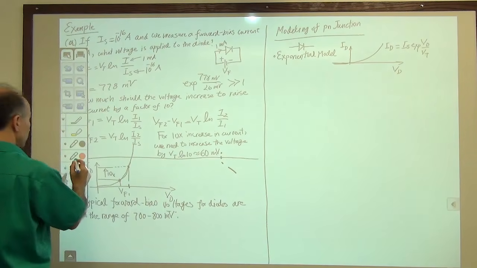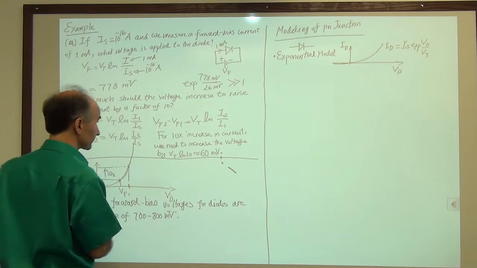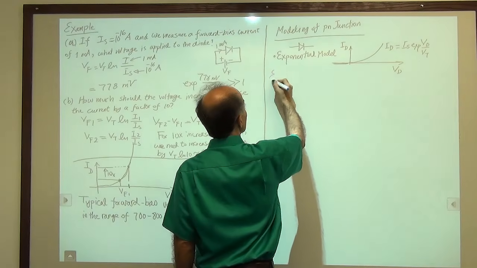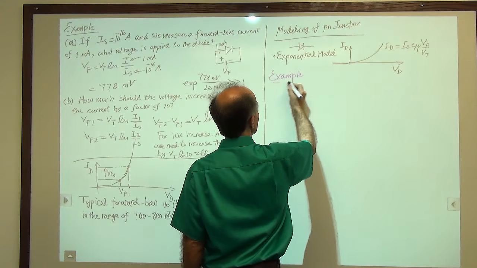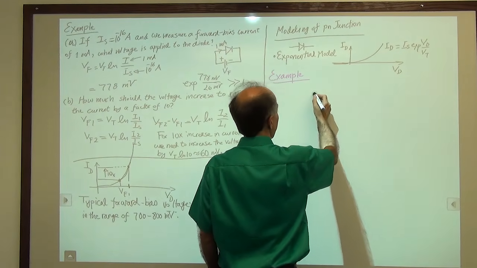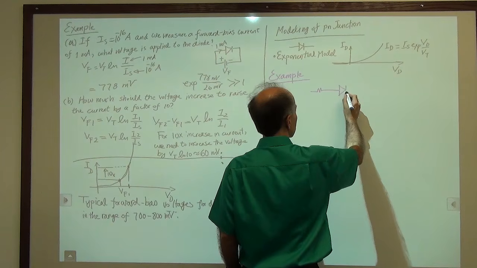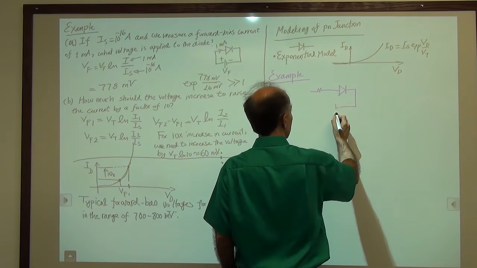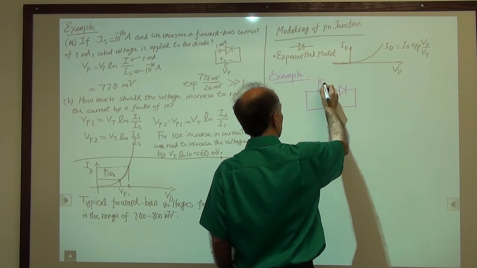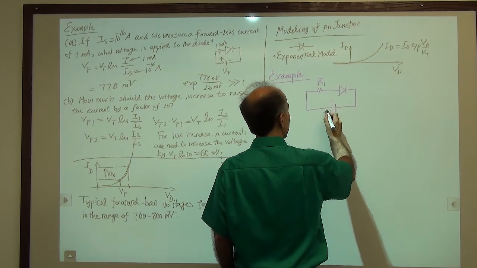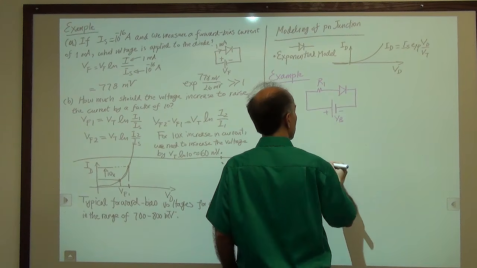Let me change the color of my pen, maybe to this. I have a resistor and a diode and a battery. Very simple. A resistor of value R1 and a battery of value VB and a diode.